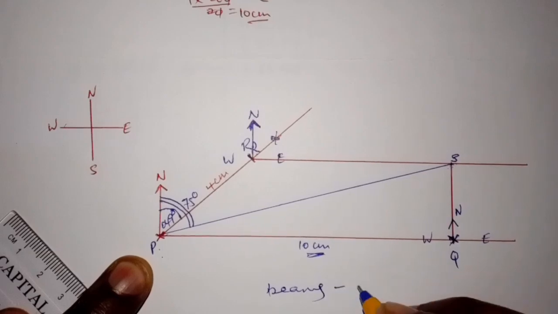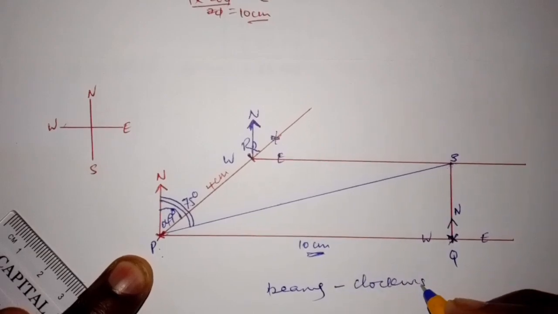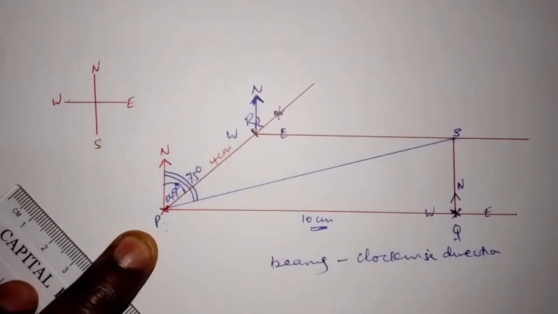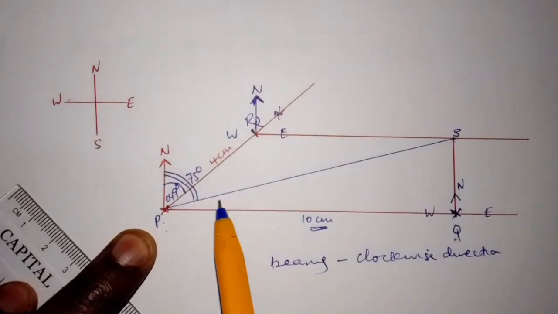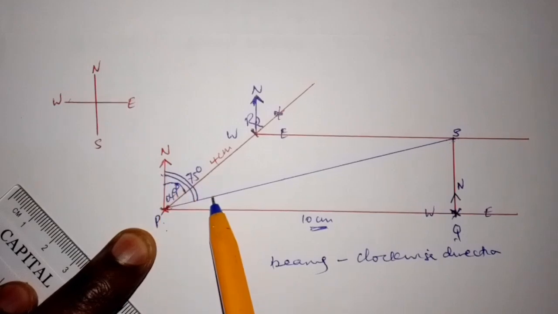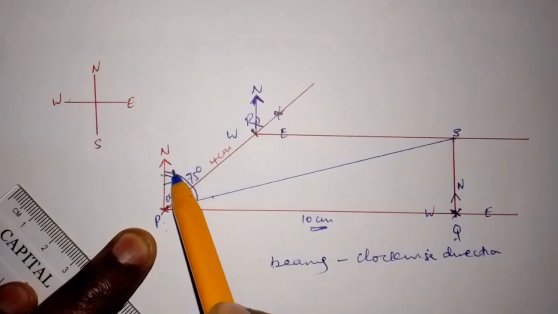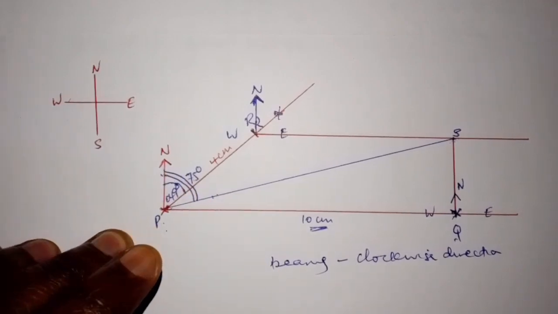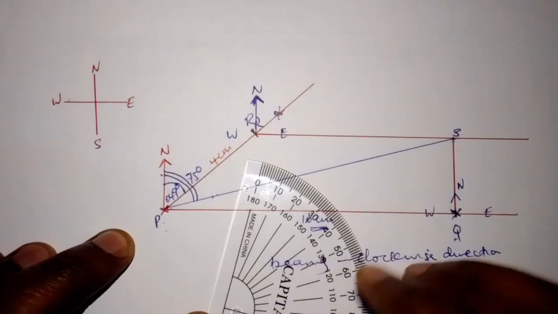Bearing is always given in a clockwise direction. So we are going to measure from north here up to here to get the bearing of S from P. It is this degree from here to here.